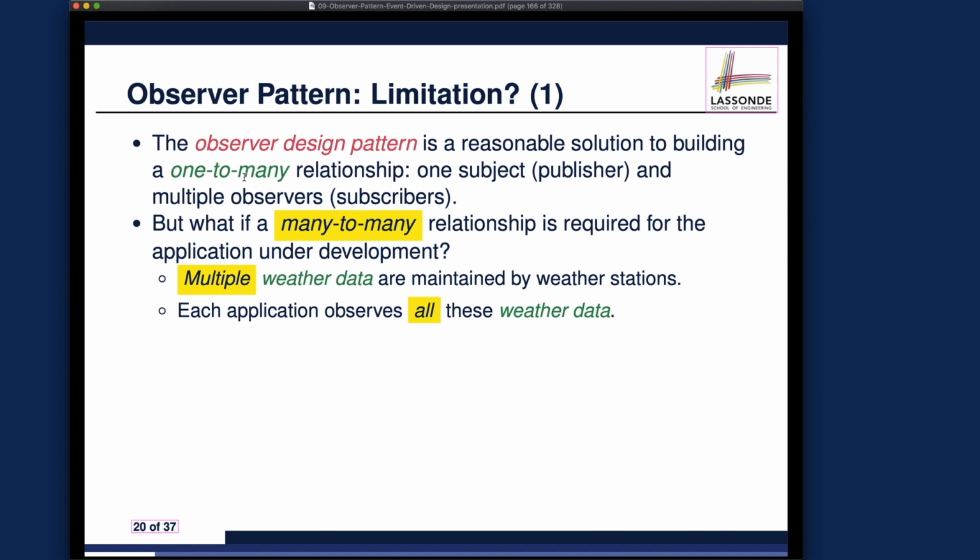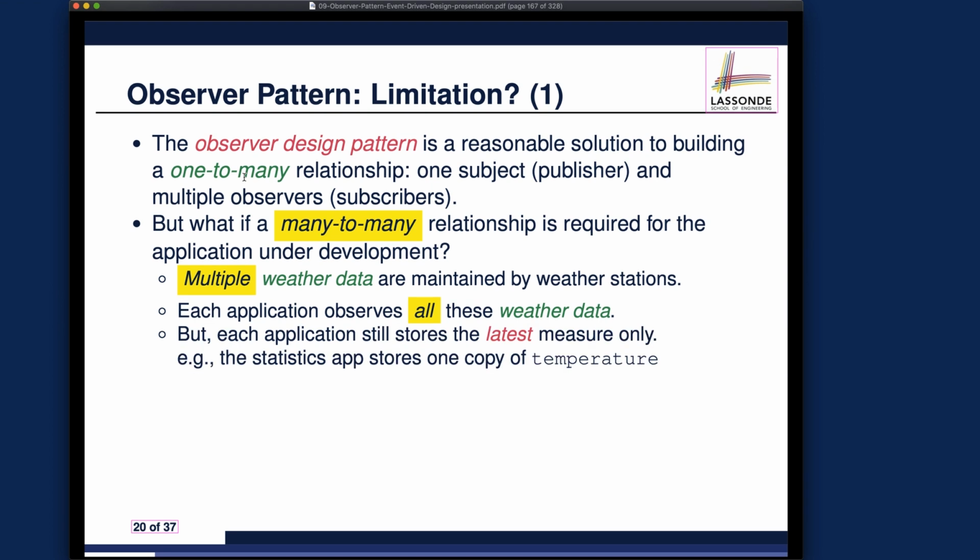In that case, whenever you initialize your application objects, you have to make sure you attach yourself, the current object, to every subject that's passed into the arguments, right? You can see the complexity is already increased just because of this. Now every application still stores the latest measure only.